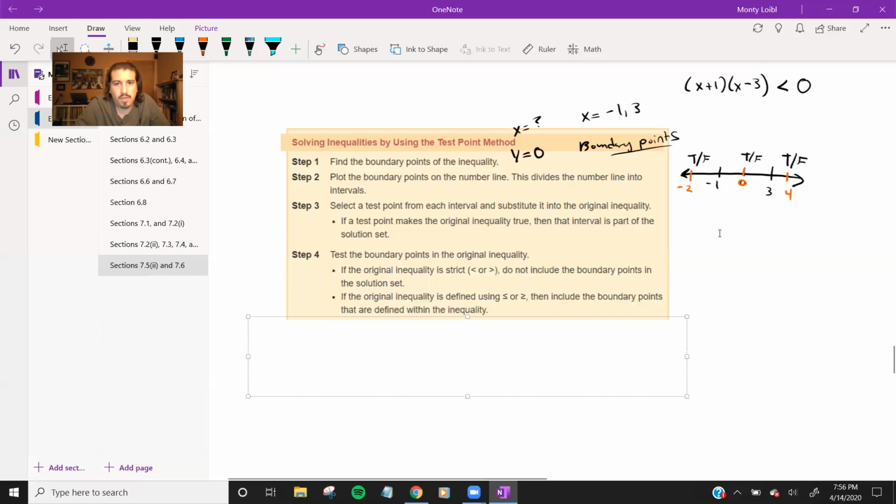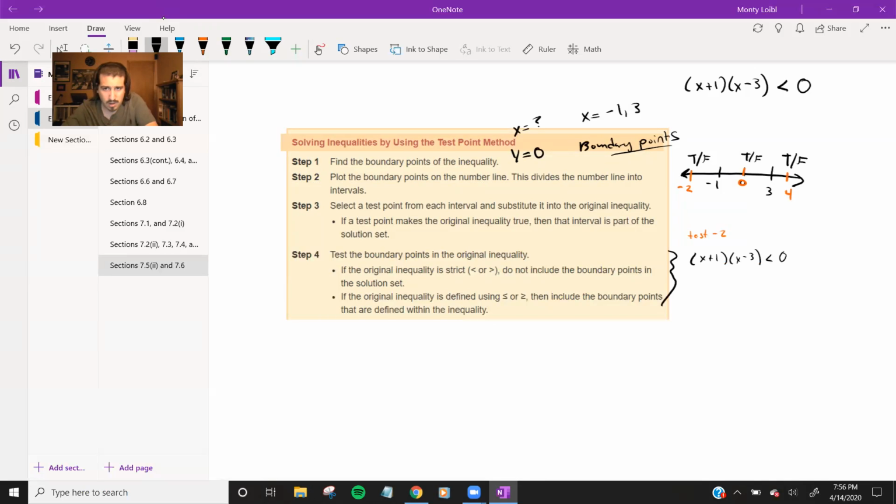Now, step 4 is talking about testing these points to figure out where it's true or false. We're going to look at an example, but just describing this, step 4 is referring to testing the points in the inequality. So if we want to test -2, we would go up here and test it in this inequality.